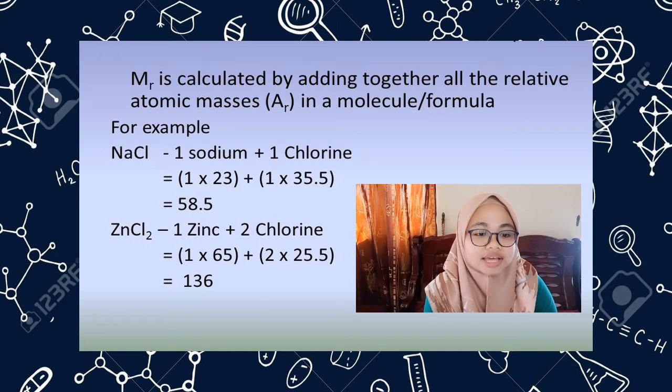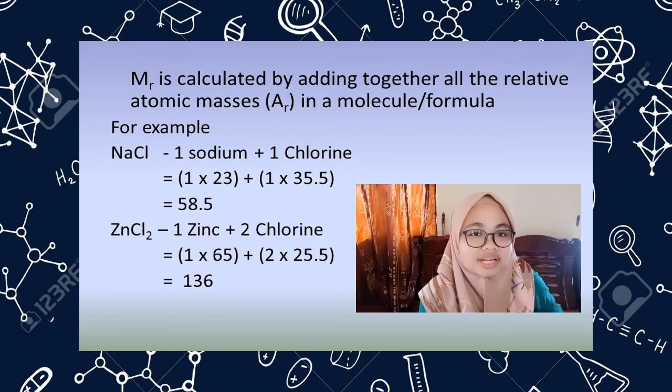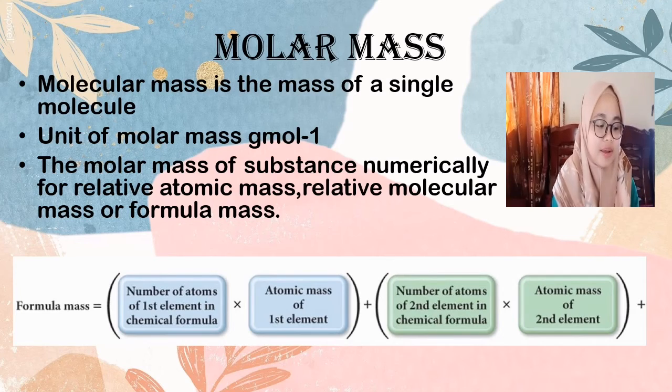Last but not least, we are going to discuss the molar mass. The molar mass is the mass of a single mole of a substance. The unit of molar mass is gram per mole. The molar mass of a substance is numerically equal to the relative atomic mass, relative molecular mass, or formula mass.